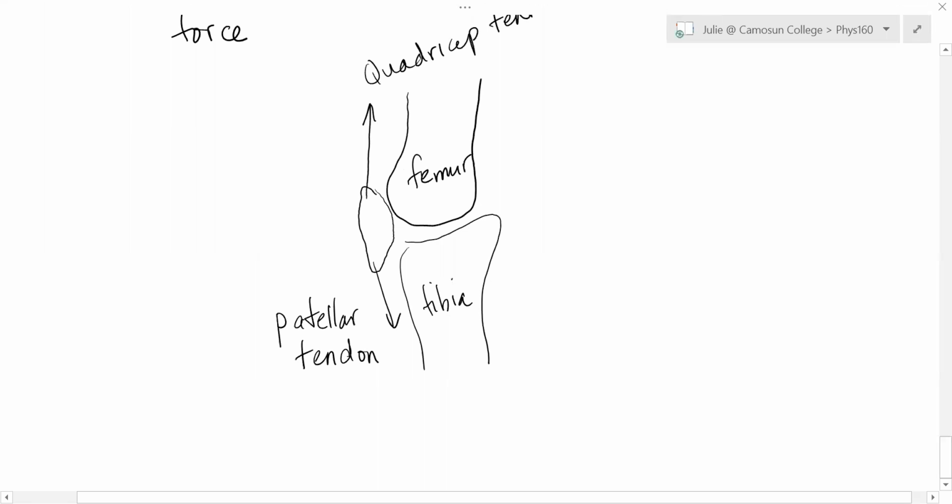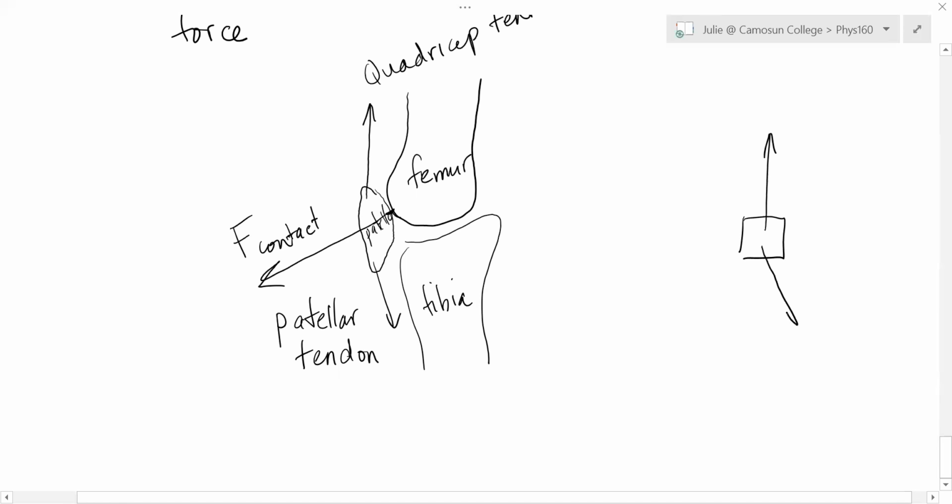So what we're analyzing here is the patella. Now, there's contact here between the femur and the patella, so that would be a contact force, perpendicular to however those two things rub against each other. If we were to reduce the patella to a box, we've got an upward force due to the quadricep tendon.